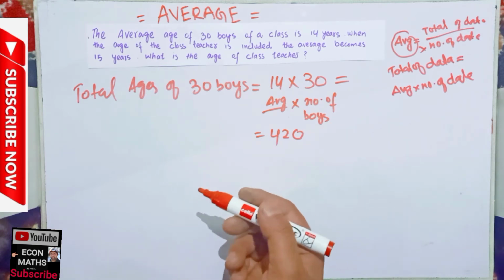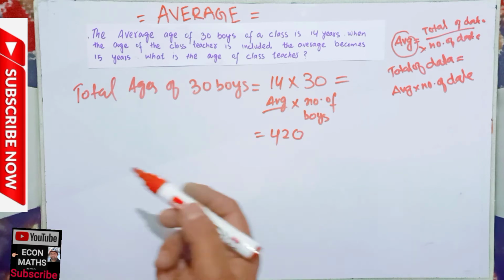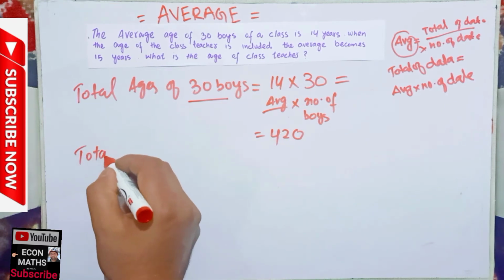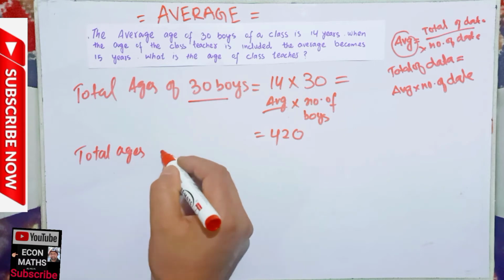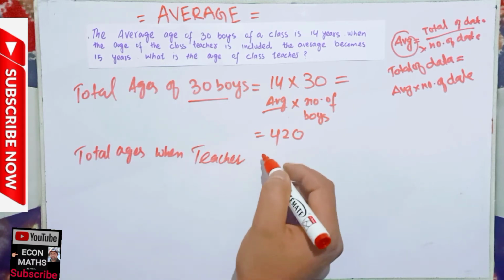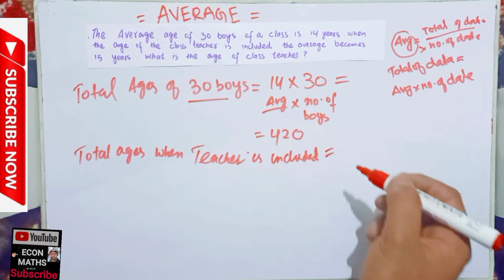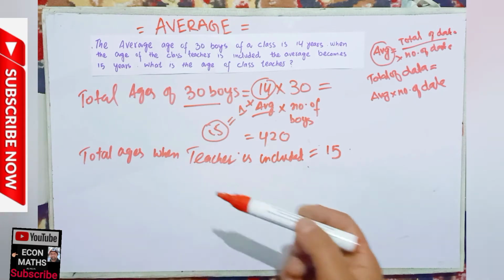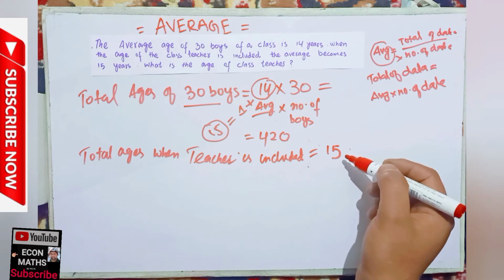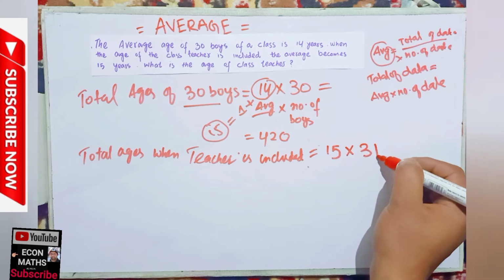After that we calculate the total ages when the teacher is included. So this was the total of the 30 boys. Now the total ages when the teacher is included will be equal to 15 times 31.